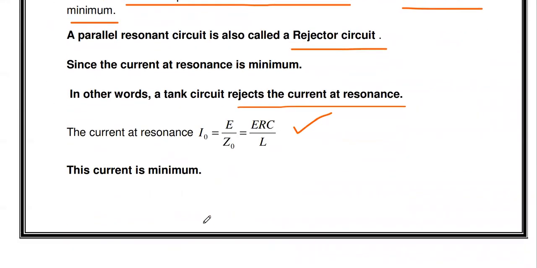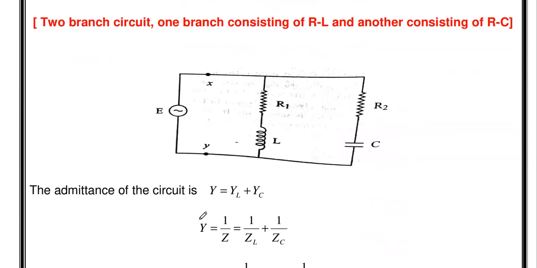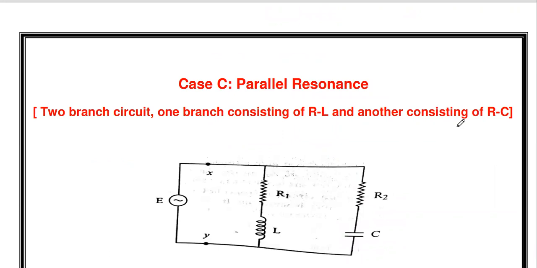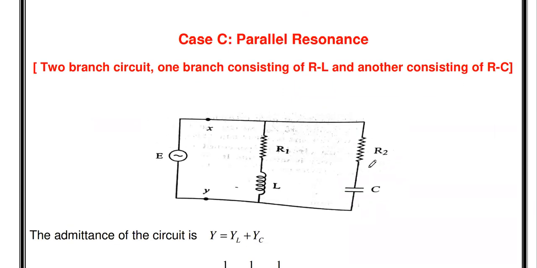Now the third parallel resonance circuit. In this parallel resonance circuit, there are two branches. In the first branch, the inductor is in series with the resistance R1.